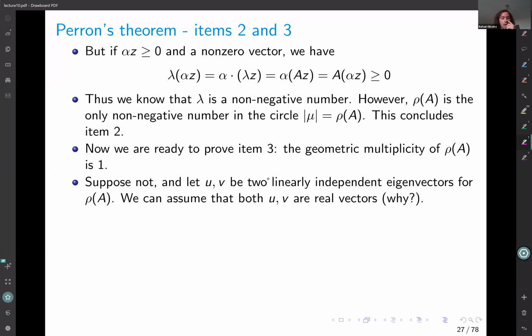Now, we can assume that both u and v are real vectors. And why is that? This is because our matrix is real.